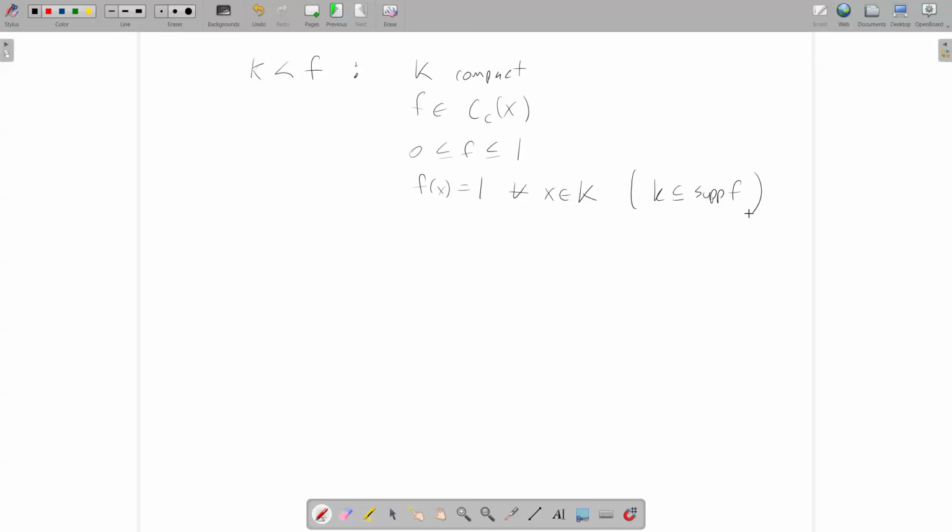Okay? So this is a notation that we're going to want to use when we get to the Riesz representation theorem. So I just want to tell you what that means. So saying this is a shorthand for all that.